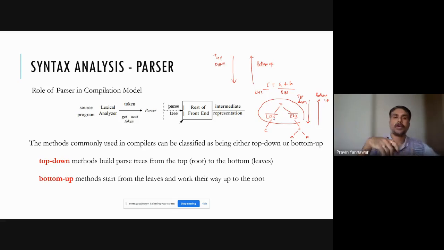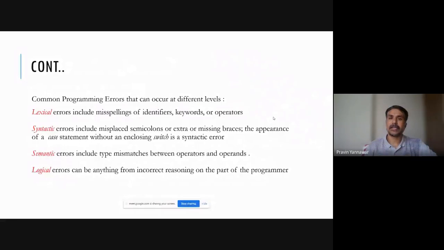Now, as far as errors are concerned, we understand that with every phase we are exposed to errors. For example, if the type is not defined, there is a type definition error.